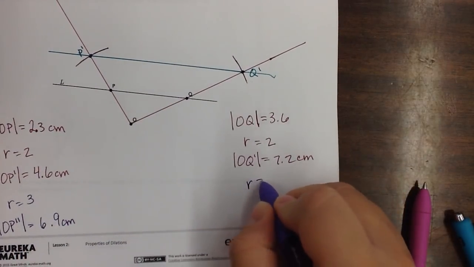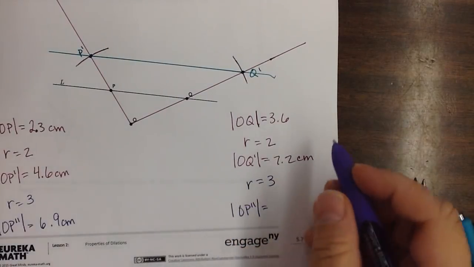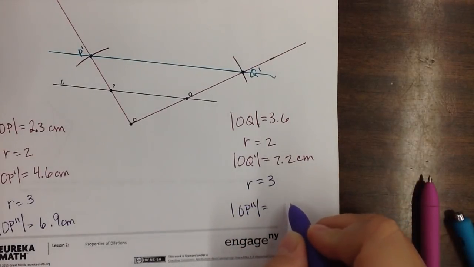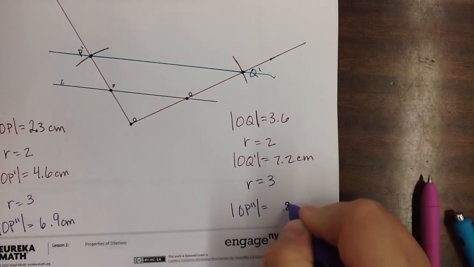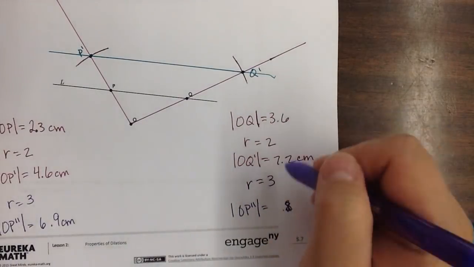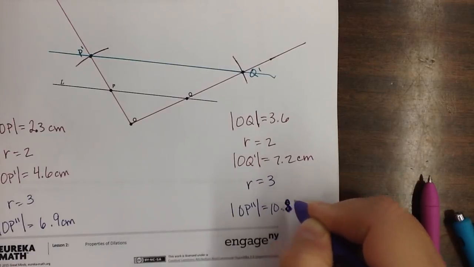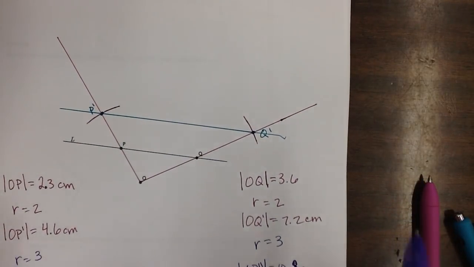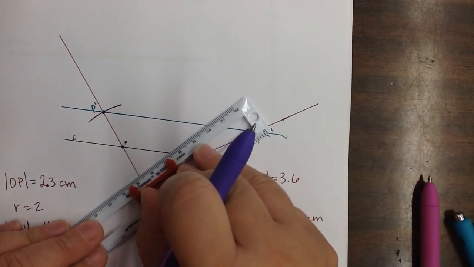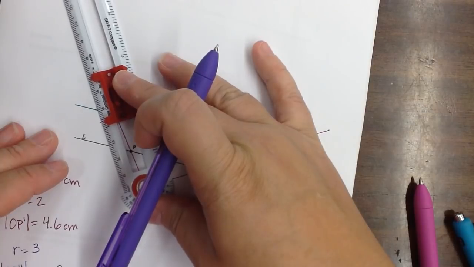And if we did the same thing over here, the distance from O to Q double prime would be 10.8 centimeters.